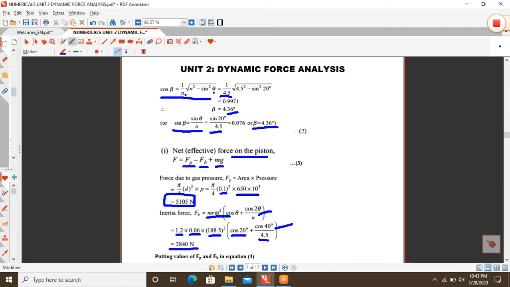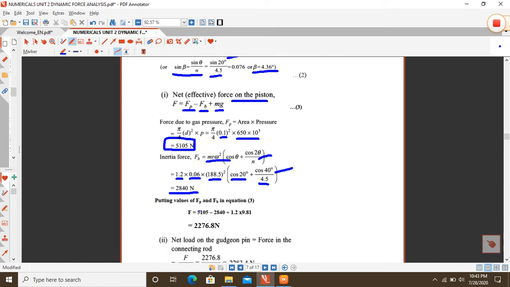Now putting the value of FP and FB in equation 3, we will get the net force. It is 5105 minus FB, which is 2840, plus mg, that is 1.2 into 9.81.